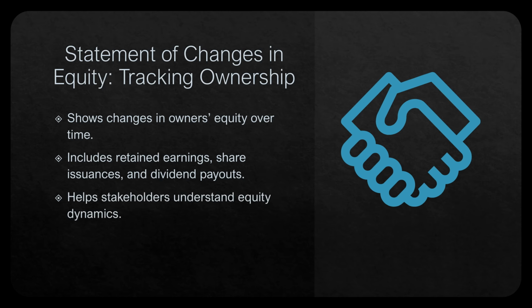It helps stakeholders understand equity dynamics in the business. Now, the statement is less exciting, but it is important to see how a company manages its profits and capital. Is it reinvesting profits into the business? Is it paying it out to owners in terms of distributions? All of this will be made much more apparent in this statement of changes in equity.